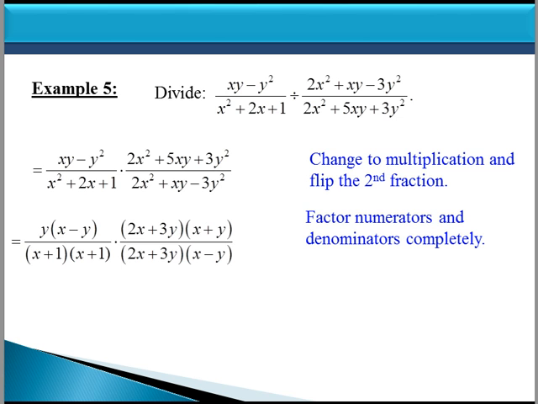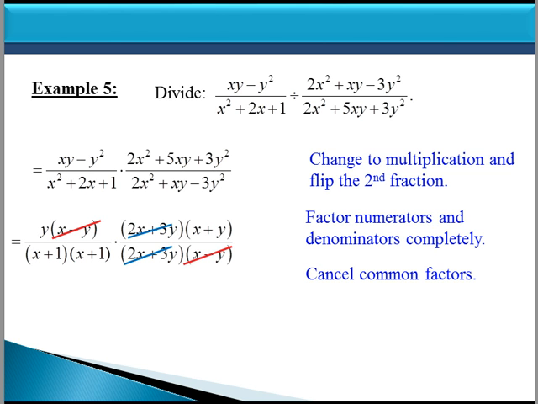Now everything is factored completely, and we're ready to cancel common factors. Notice that the 2x plus 3y, one on top and one on bottom, will cancel each other out. We also have x minus y's in common. We have two factors left on the top, y and x plus y, and two factors on the bottom, x plus 1 and x plus 1.